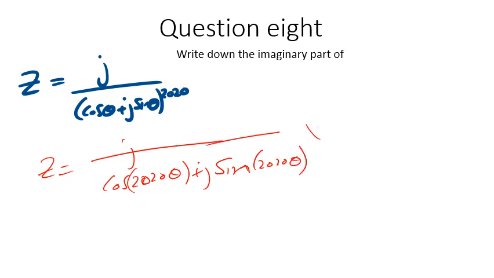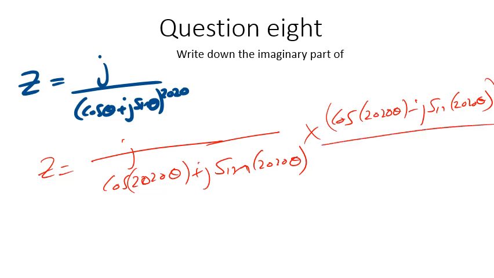And then I'm going to multiply it by cos of 2020 theta minus sine of 2020 theta, all over cos. I should have used a square bracket, much better. The zeros and the thetas are confusing me.